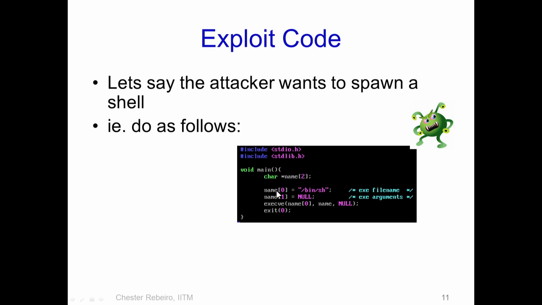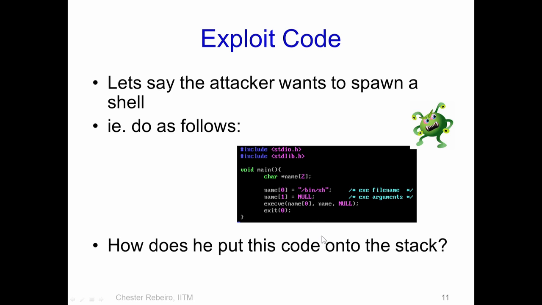The parameters are name[0], which comprises the executable name, and name[1], which is essentially a null terminated string. We will see how this particular code can be forced to be executed by an unauthorized attacker.